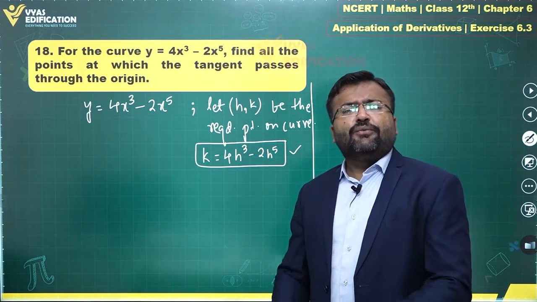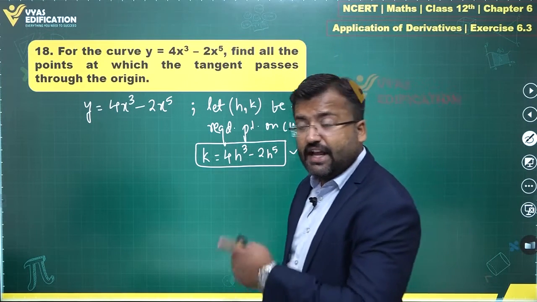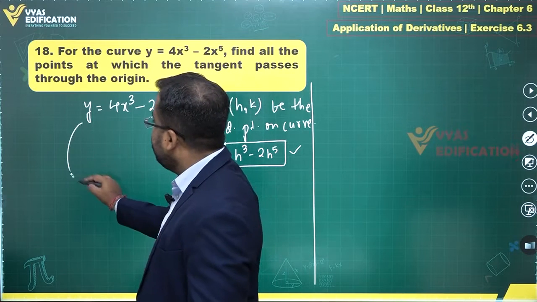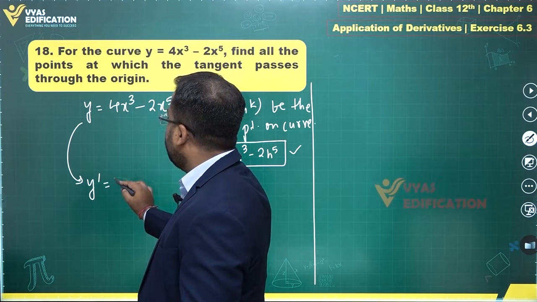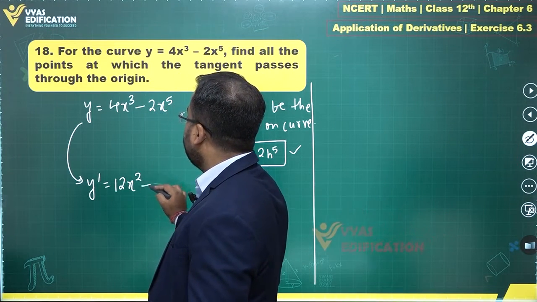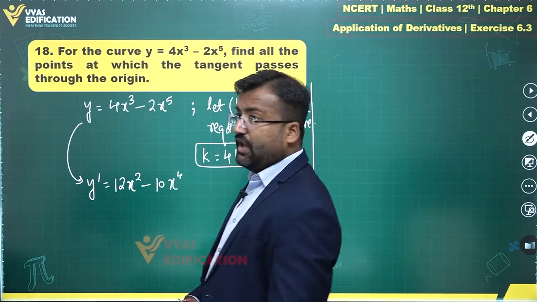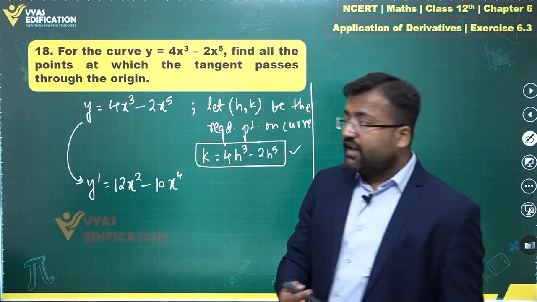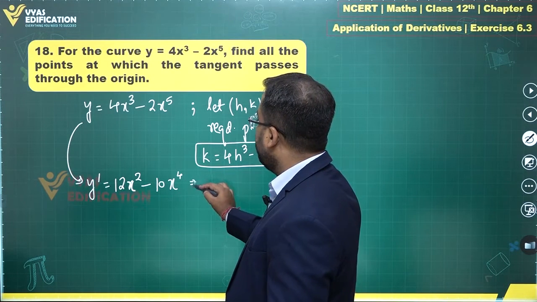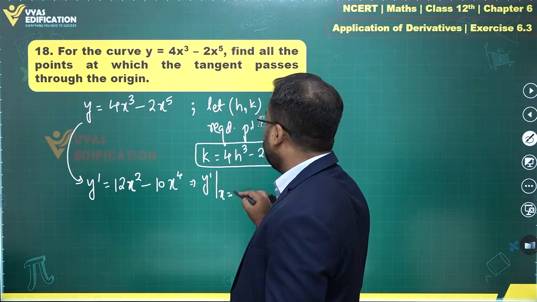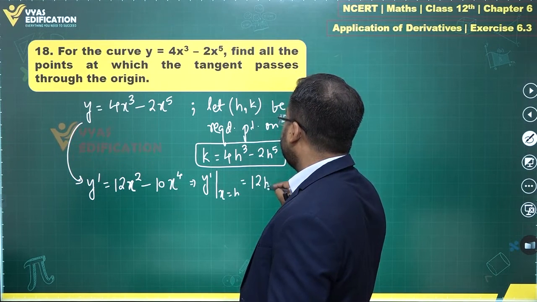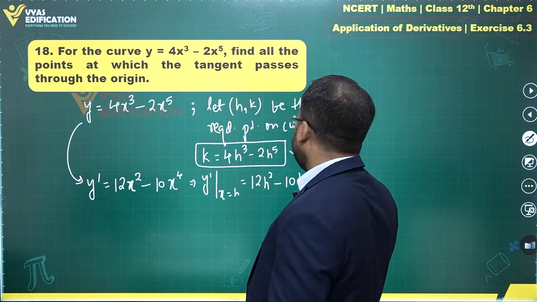What else? Let's try to find the equation of tangent. So for that I need the derivative. y prime will be equal to 12x power 2 minus 10x power 4. Okay, and the derivative at h comma k will be equal to y prime for x equal to h, which will be equal to 12 times h square minus 10 times h power 4.